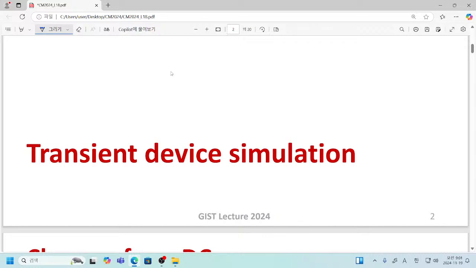I think that our students already made the device simulator which can calculate the IV characteristics by using the Scharfetter-Gummel scheme.